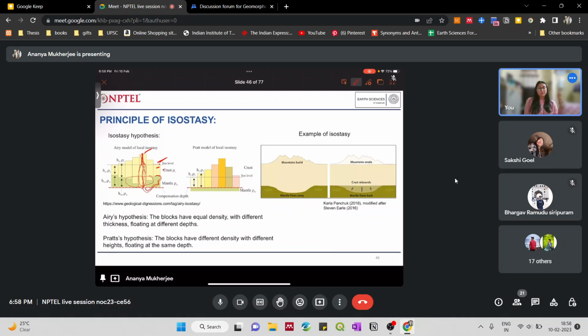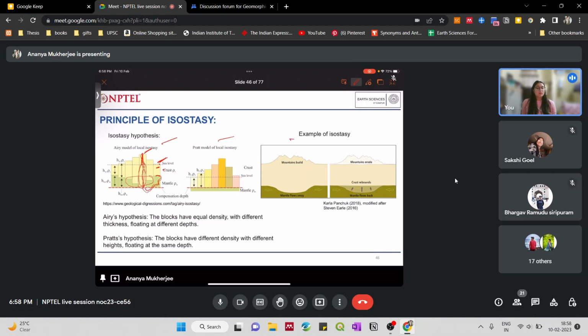While Pratt suggested that they all are floating at the same depth, but they have different heights and different density. So these are the two different isostasy models that are globally considered when we talk about isostasy and isostatic equilibrium.